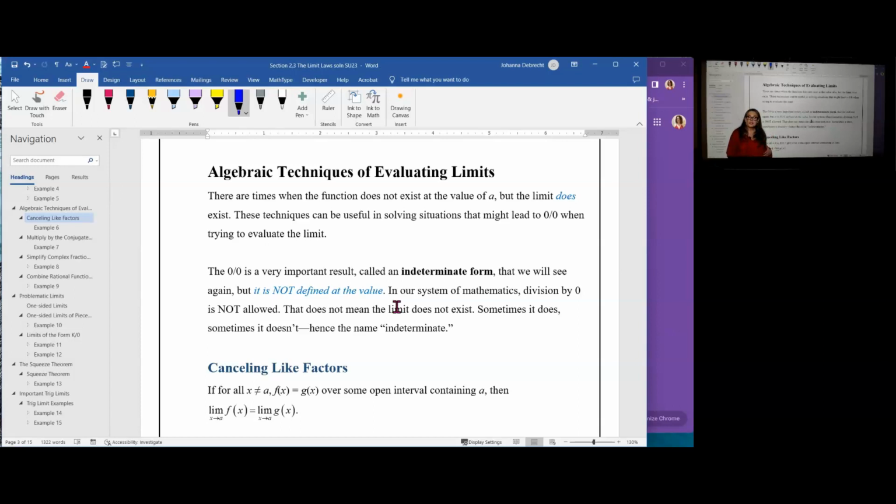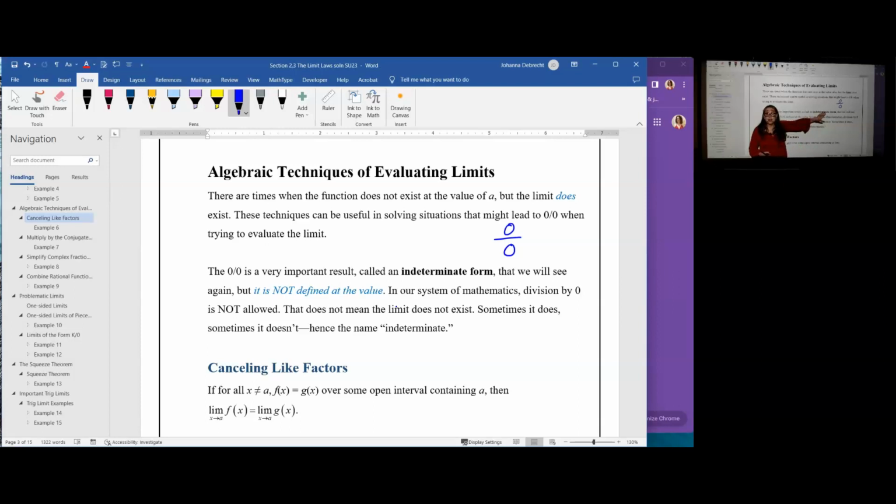The two situations we're going to encounter today are 0 divided by 0 and infinity minus infinity. So if you substitute the value of a in and you get 0 divided by 0, this is an indeterminate form. The 0 in the denominator means the function does not exist there. Thou shalt not divide by 0.